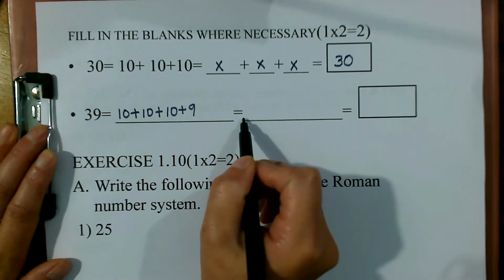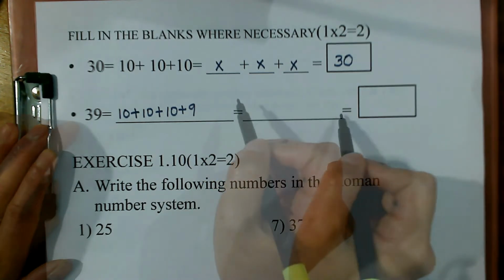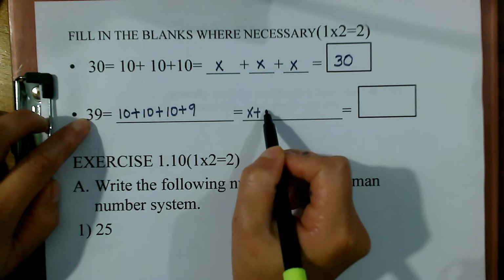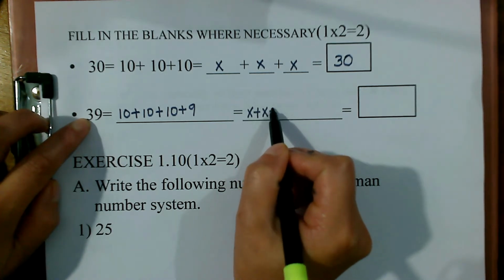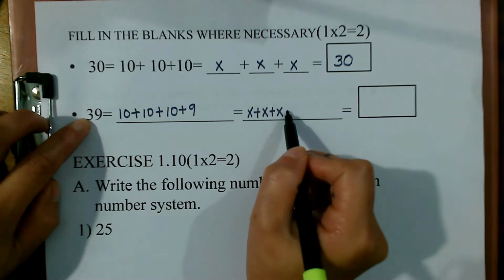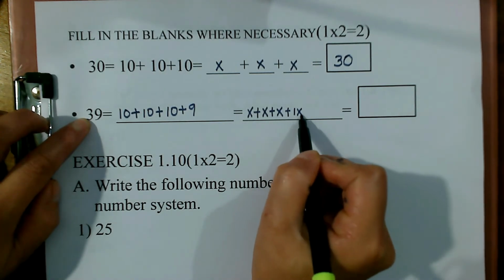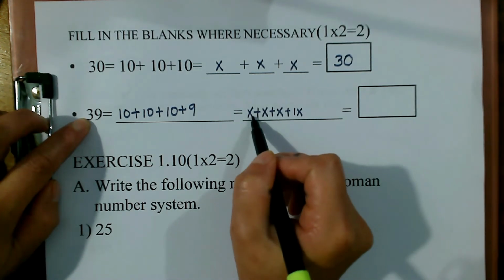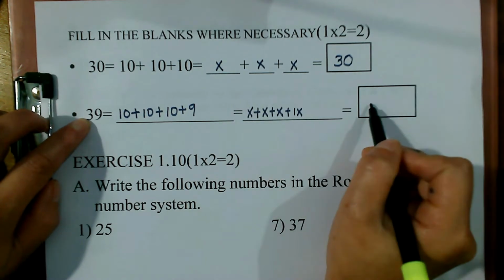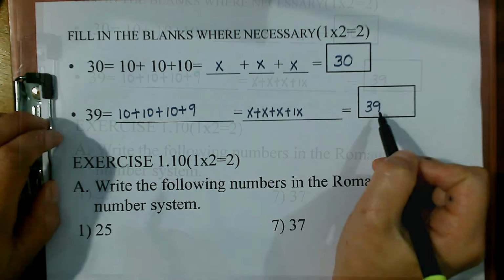So here you have to write in the Roman number system way. 30 as X plus another X plus another X, so this XXX makes 30, plus IX. This is 9. So 10 plus 10 plus 10 plus 9 equals 39. You have to write 39 here.